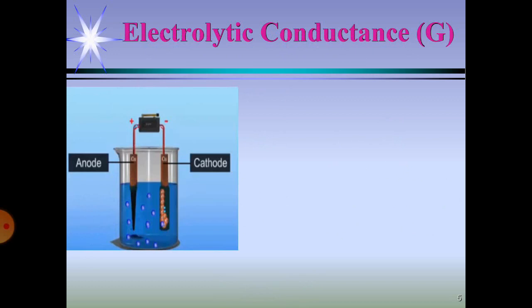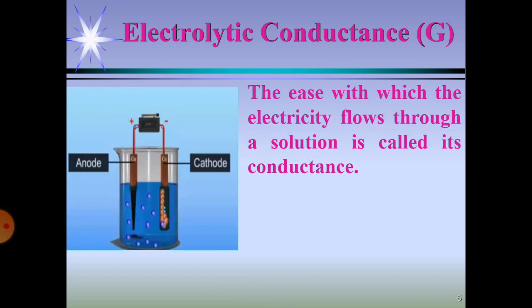Then the reciprocal of electrical resistance R is defined as the electrolytic conductance G. It is defined as the ease with which the electricity flows through a solution. I am repeating, electrolytic conductance G is a measure of the ease with which the electricity flows through a solution.